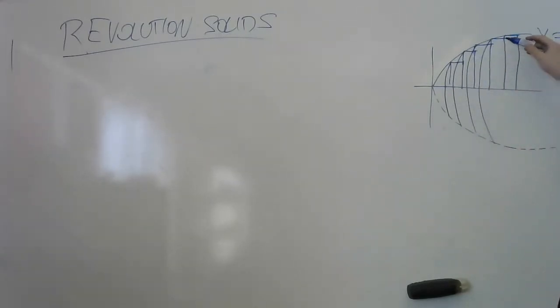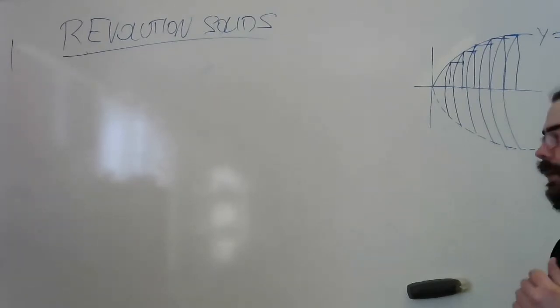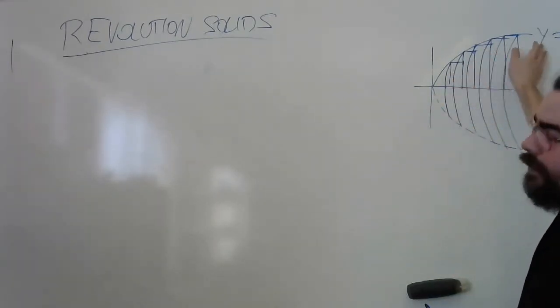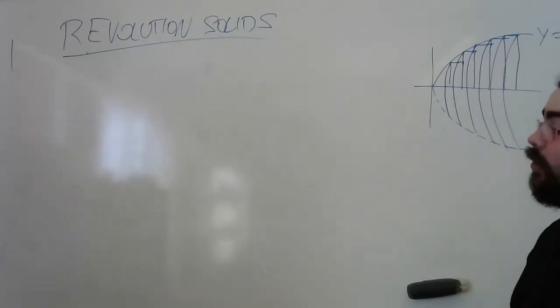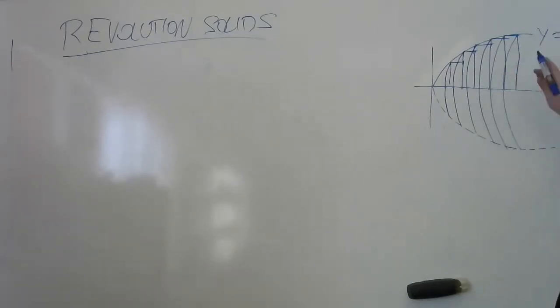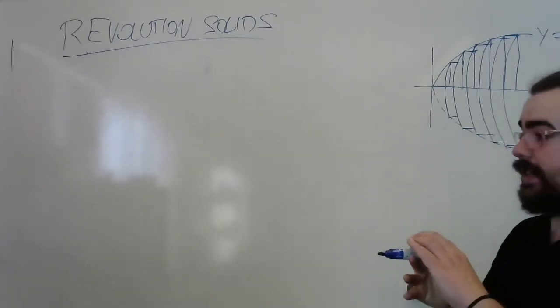This diagram is going to look terrible in the video. My apologies in advance. And here what we are doing is we don't really spin the curve. We spin all those Riemann rectangles. Those Riemann rectangles define cylinders.